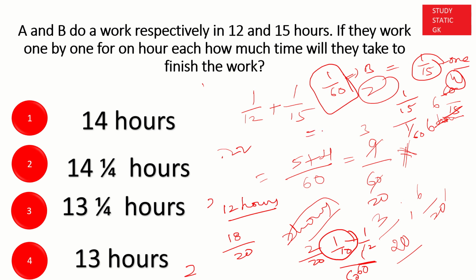That means it will take 15 minutes, 1 by 4th of an hour, to complete the 1 by 60th work. So 13.13, this is the answer.